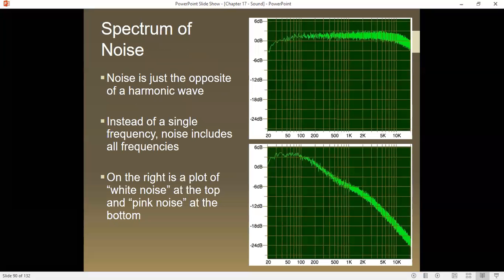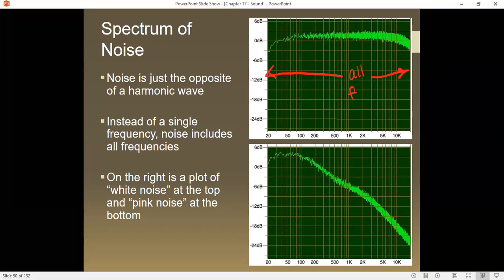However, if we look at noise and we do a Fourier transform of noise, what we see is that instead of a single frequency, we have all frequencies. You ever hear static or noise? That's what it is. It's all frequencies played at once.